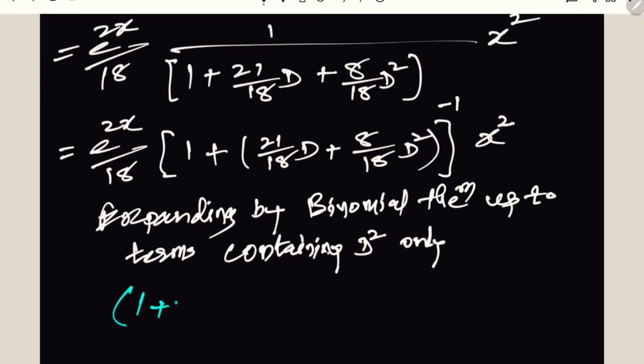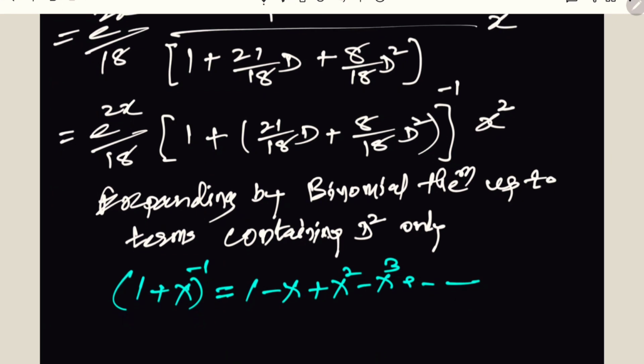1 plus capital X raised to minus 1, terms alternately positive negative: 1, then minus x, then plus x square, then minus x cube, and so on. This is the result obtained using binomial theorem.